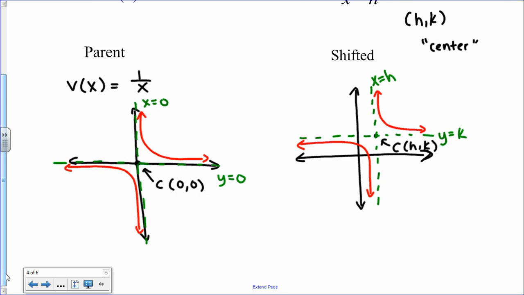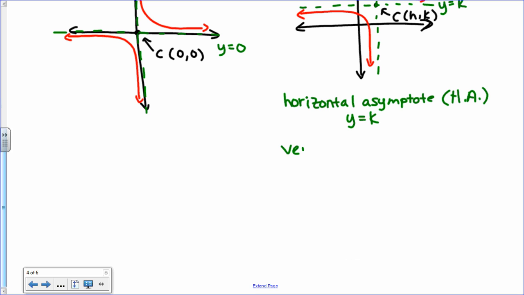Okay, so I want to write out our horizontal asymptote. A lot of times I'll just abbreviate that as HA, horizontal asymptote, is y equals k. And this is when it's in shifted form. And then my vertical asymptote, I will abbreviate that as VA.